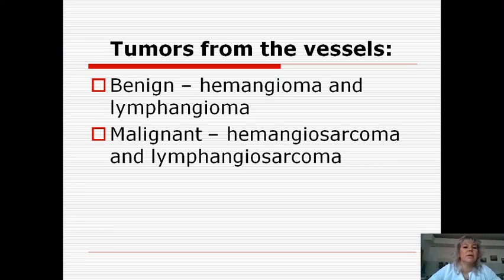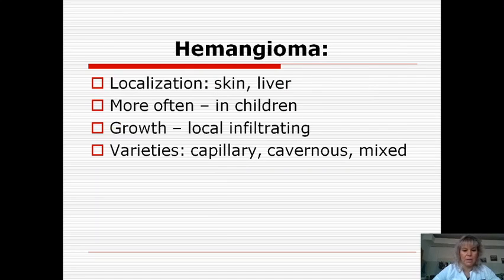The next, tumors from the vessels. Benign, hemangioma from blood vessels and lymphangioma from lymph vessels. Malignant, hemangiosarcoma and lymphangiosarcoma.